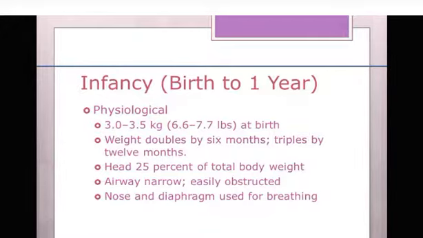Reaching across it or pushing down on the front part of the throat at all can easily collapse that airway. So we do have to be careful with our babies' airways. Babies are primarily what we call obligatory nose breathers. That means they only know how to breathe out of their nose. So if their nose gets full of boogers, they can't breathe.